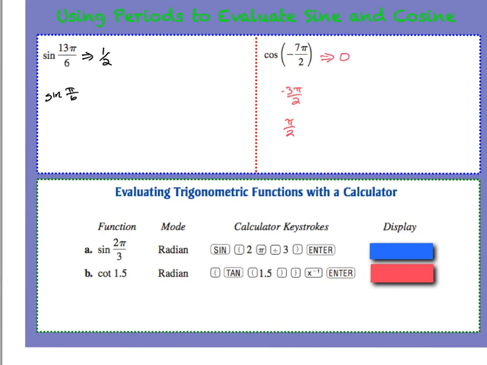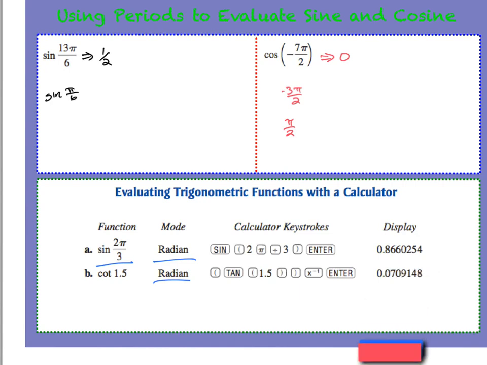The x. All right. Now I want to make sure you guys know how to use your calculators. Make sure you're in radian mode. So sine of 2 pi over 3, you put that in your handy dandy calculator and hopefully you get that. Cotangent. Do you actually have a cotangent button on your calculator? Say no. You don't. I want you to do 1 over tangent of 1.5.